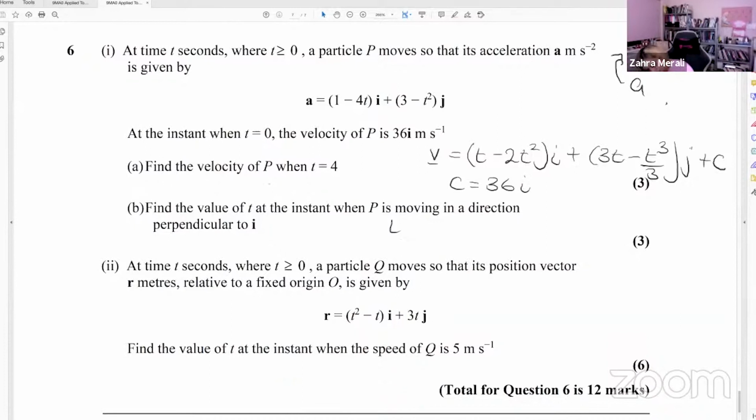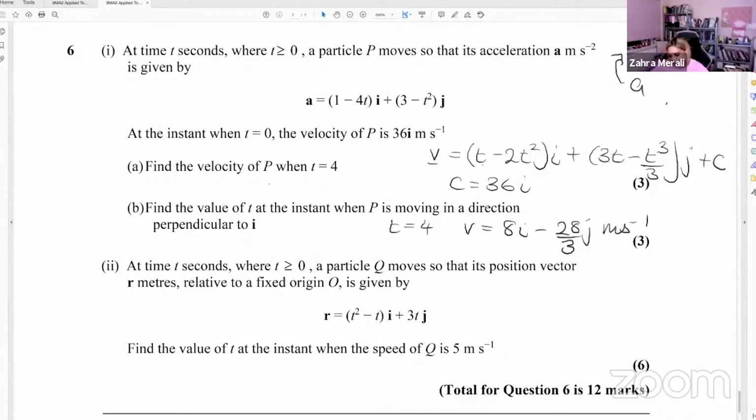So when t equals 4, v equals, if we sub it in, 4 squared is 16 times 2 is 32, 4 minus 32, but then we've got this plus 36. So we're going to get 8i minus 28 over 3 j meters per second.